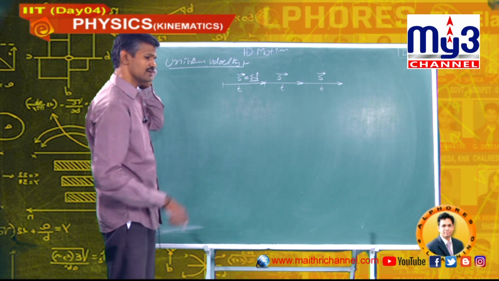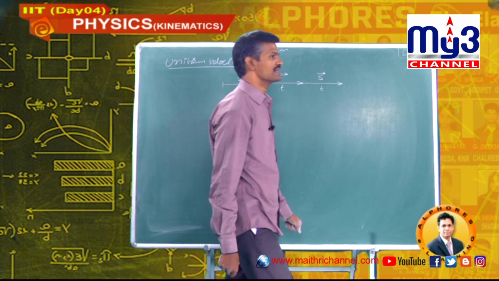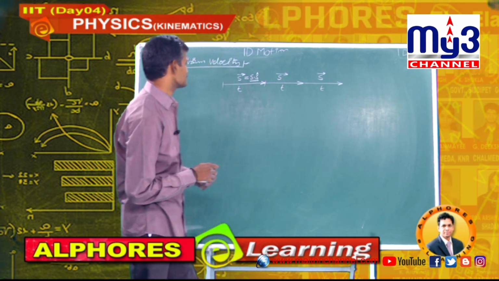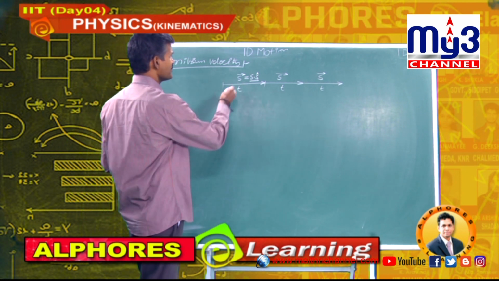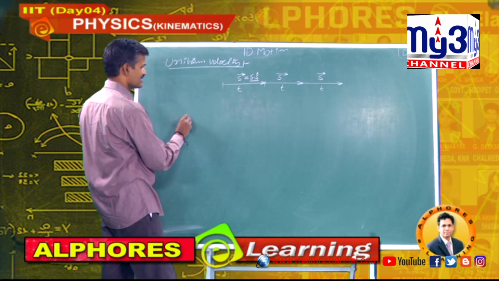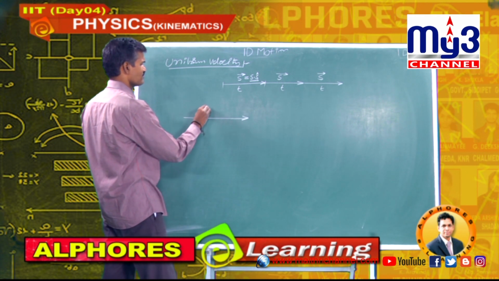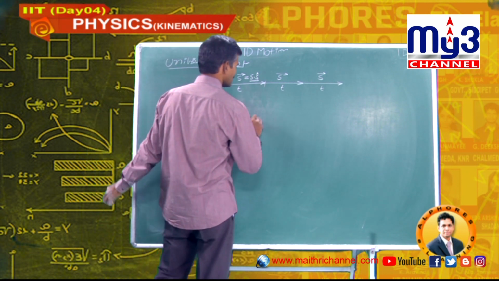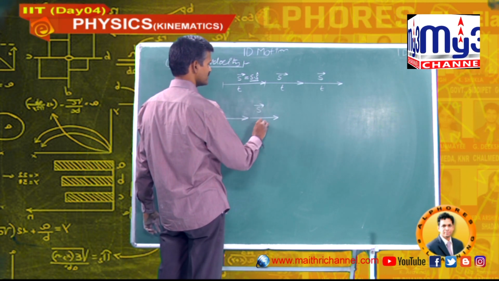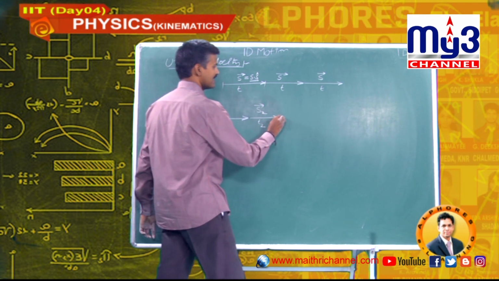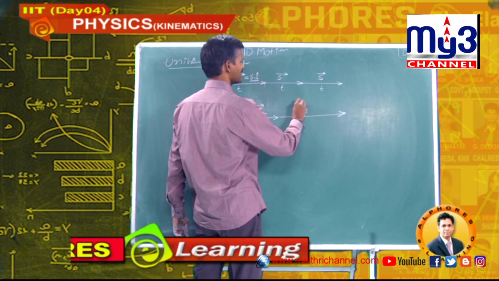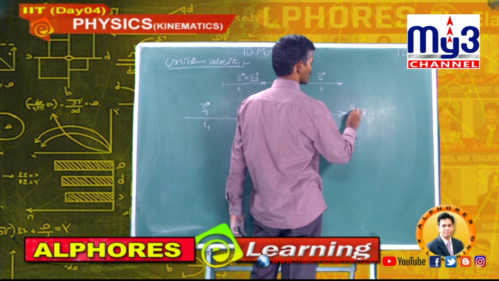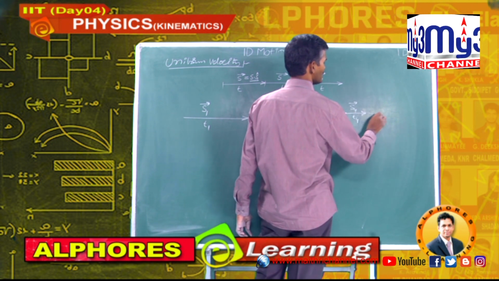So if a body moves with a uniform velocity, its direction and magnitude do not change as the body moves from one point to another point. Suppose some body covers S1 bar displacement in t1 time, S2 bar displacement in t2 time, S3 bar displacement in t3 time, S4 bar displacement in t4 time, and so on.